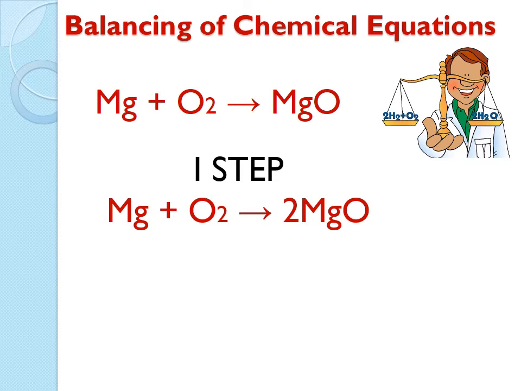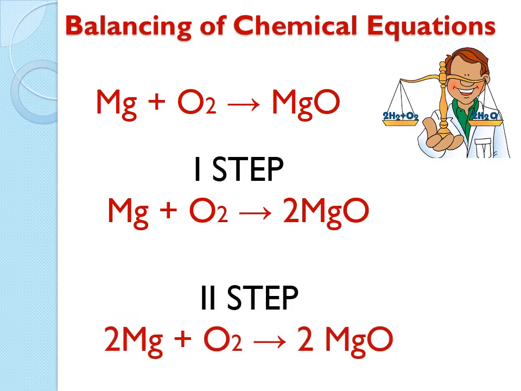How? Number of magnesium atoms right hand side are 2, but left hand side there is only 1. Hence we multiply left hand side magnesium with the help of 2. Now this is our perfectly balanced chemical equation. We can check number of magnesium left hand side 2, right hand side 2. Number of oxygen atoms left hand side 2 and right hand side it is also 2.